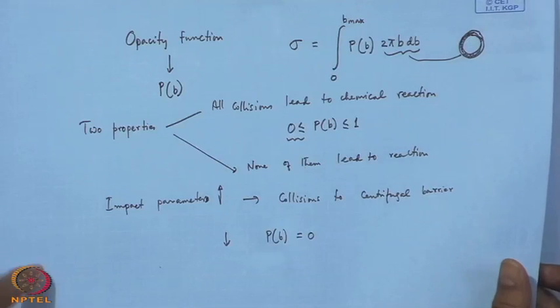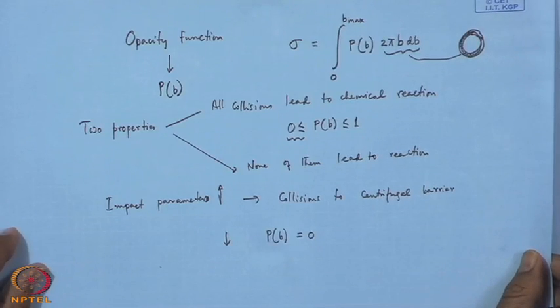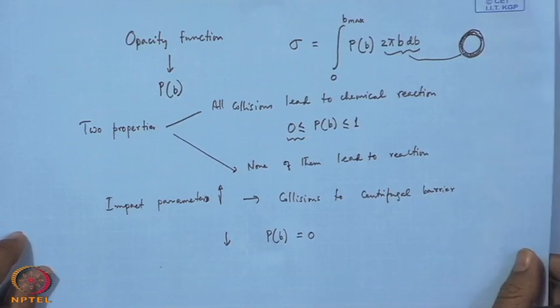Impact parameter high means collisions at the centrifugal barrier, and if the impact parameter is less, then intermolecular forces are operative and a reaction may take place. That is, when b is small, of the order of the range of intermolecular forces, then the reaction is expected to occur.